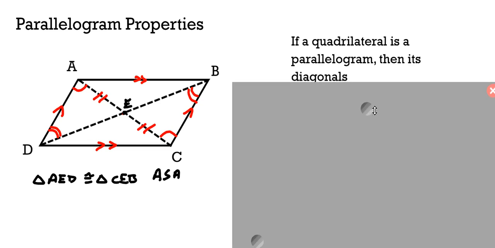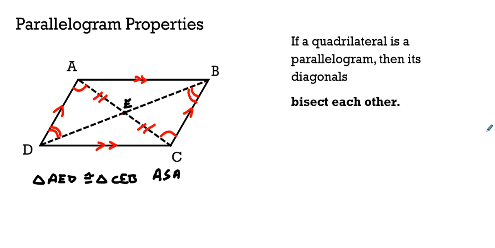If a quadrilateral is a parallelogram, then its diagonals bisect each other. It means it cuts each other in half, right? So I'll just finish this thought over here, so AE is congruent to EC.